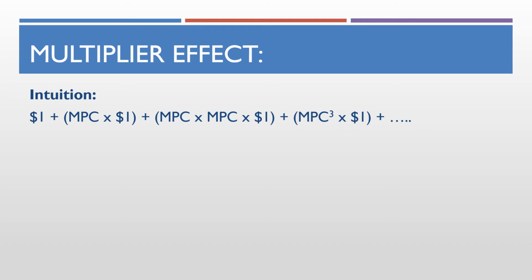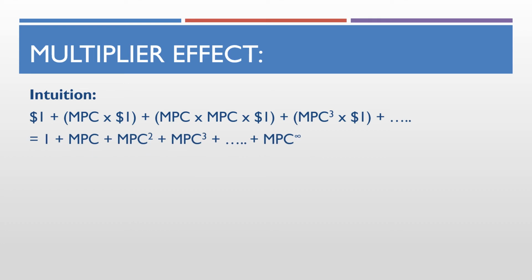The owner of the supermarket will spend a portion of the dollar to buy something that he wants or likes. The next person who receives it will spend a portion of that, and then the next person will spend a portion of that portion, and it will go on. When the dollar is being spent multiple times, the value of the dollar will add up.